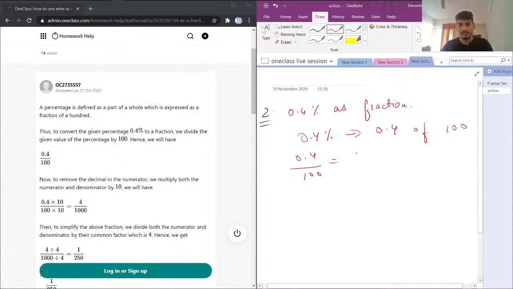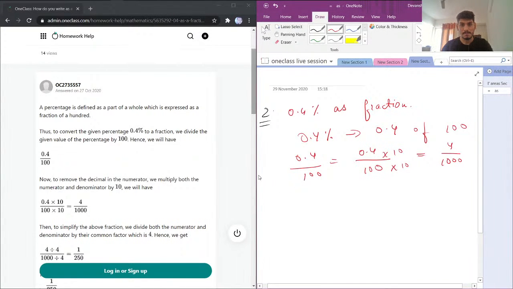Now I will multiply both the numerator and the denominator by 10 to get it out of decimal, and I have 4 over 1000.